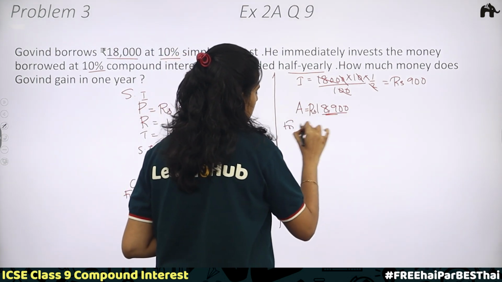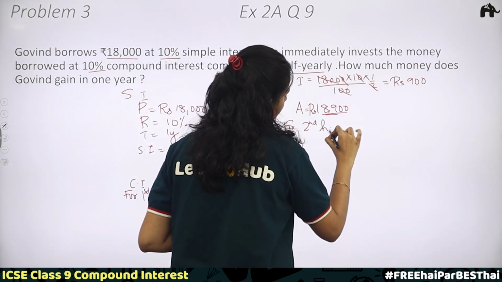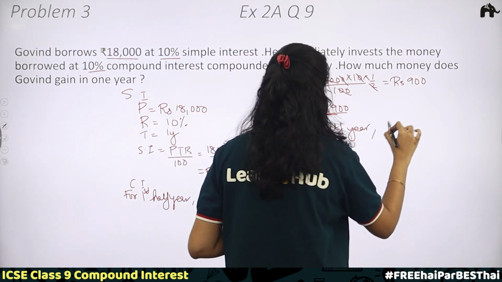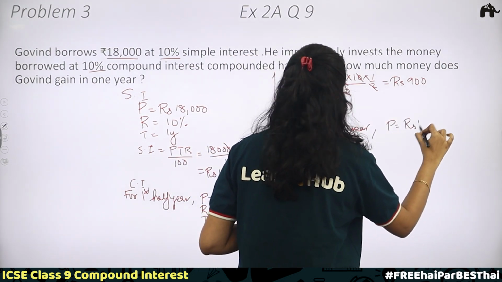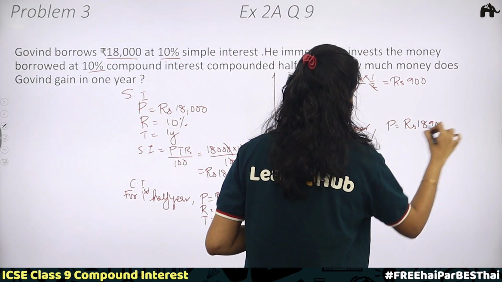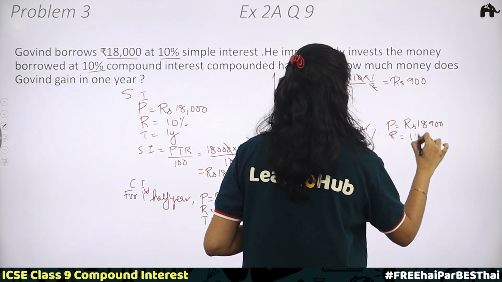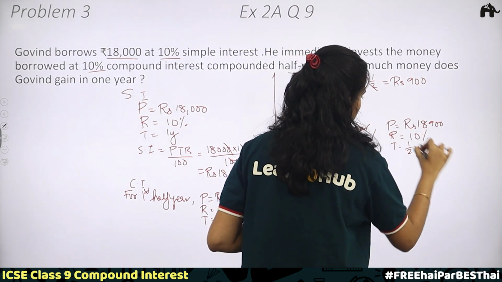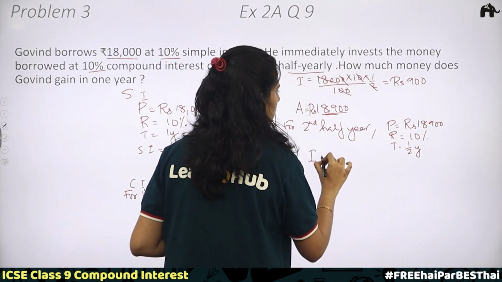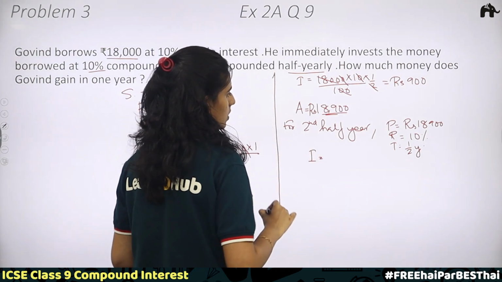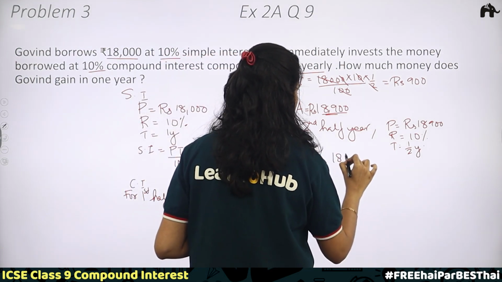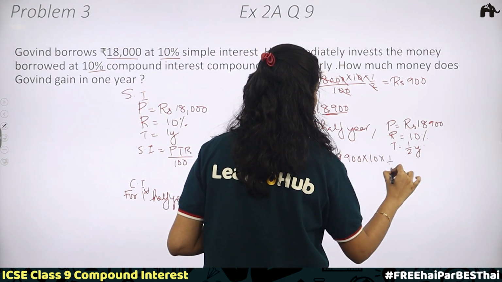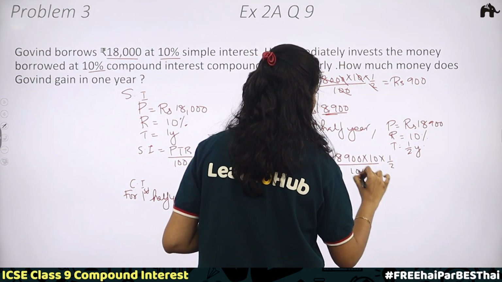For second half year, we will be having principal equal to rupees 18,900. Rate of interest is same, 10%, and time will be next half year, so half. Okay, the interest will be equal to principal 18,900 into 10 into half divided by 100.